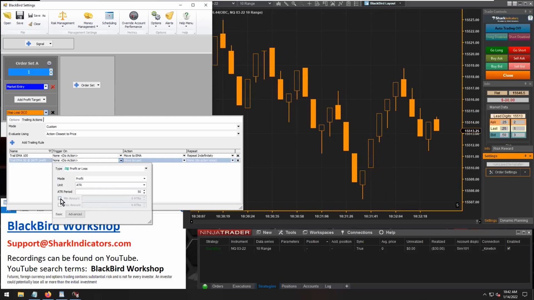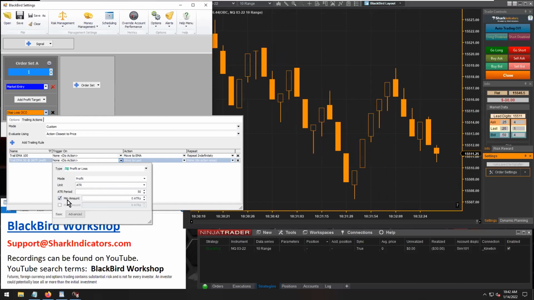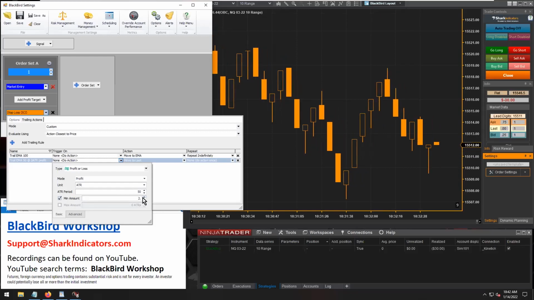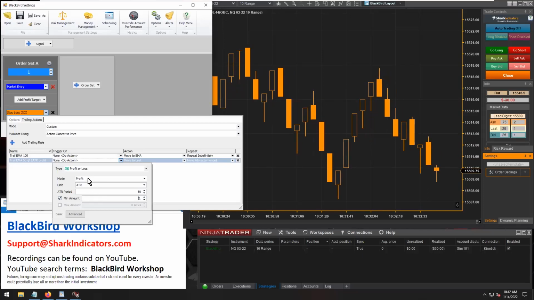Then we want a minimum ATR profit of 2. There we go. That would be a 2 ATR profit that we're looking for, and of course this is going to be unrealized profit.